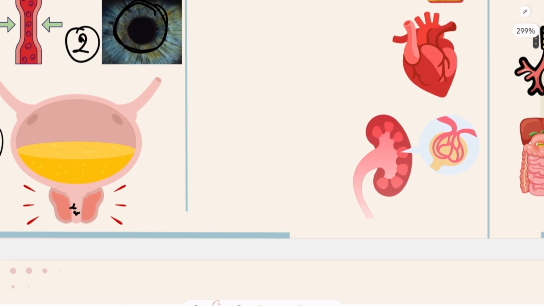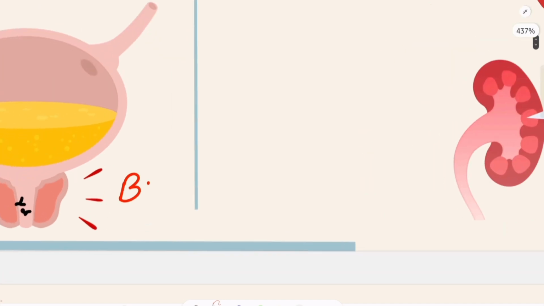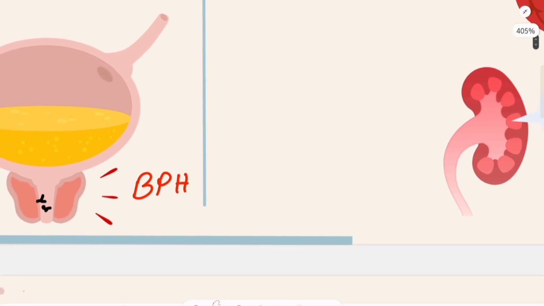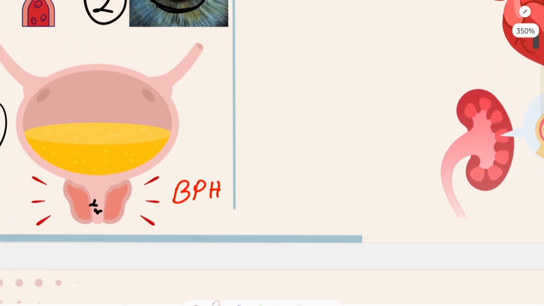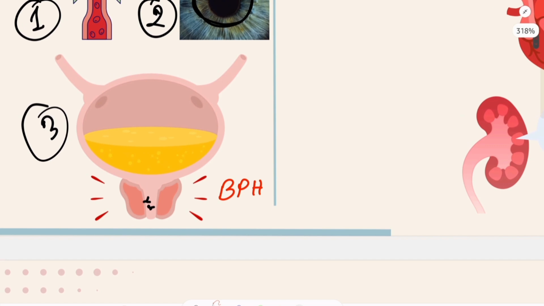Yes, it is benign prostatic hyperplasia, BPH. So what will you like to do with alpha 1 in the treatment of benign prostatic hyperplasia? Obviously, you will like to block the alpha 1 receptors.